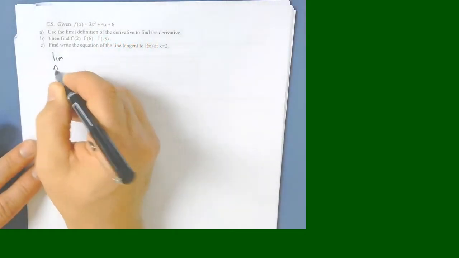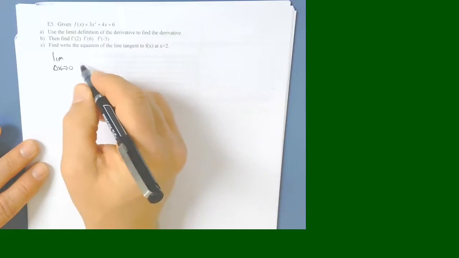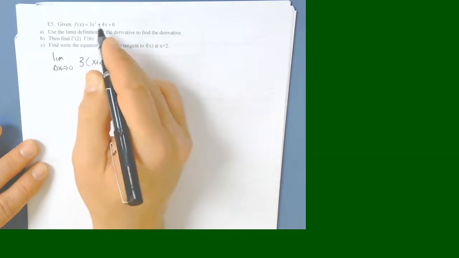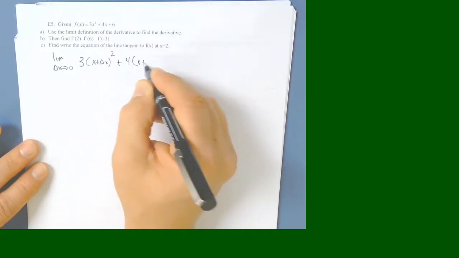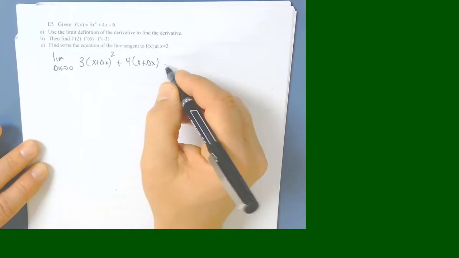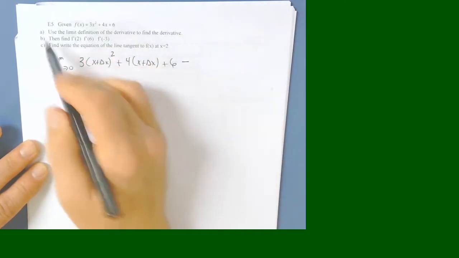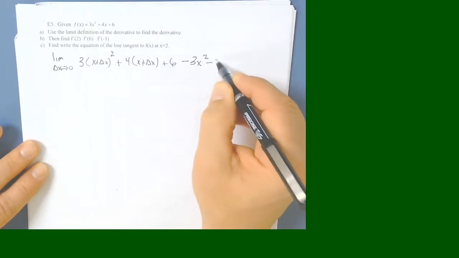The limit as delta x goes to 0. I plug x plus delta x into everything: 3 times x plus delta x squared plus 4 times x plus delta x plus 6, minus my original function. I'm going to save myself time by changing the sign, distributing that negative as I go through.